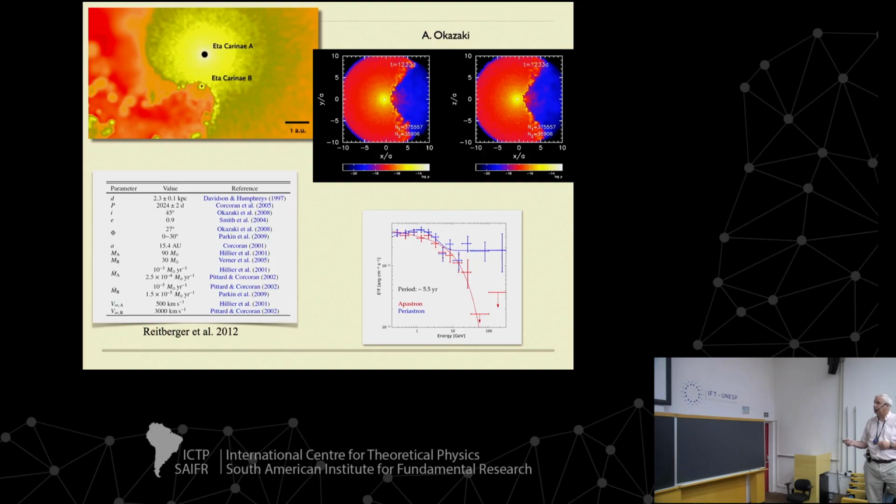This component is interpreted as inverse Compton radiation from the stellar photons. But during the periastron, there is a lot of ambient matter available. So proton interactions become important. Pions are produced, and we get a hadronic component as well.